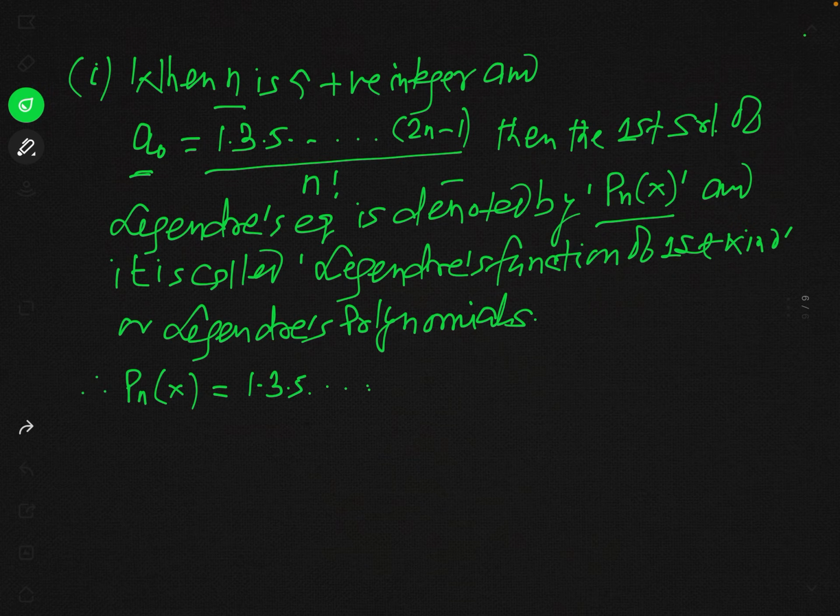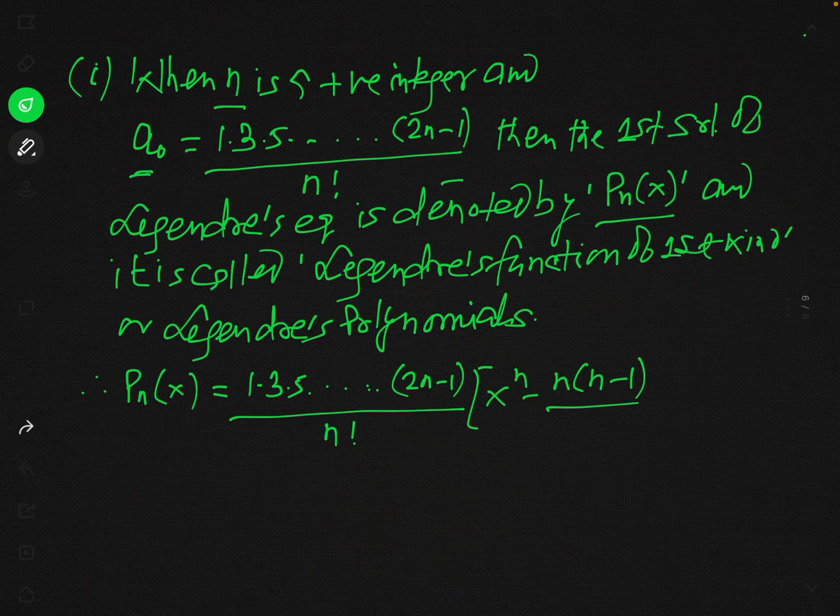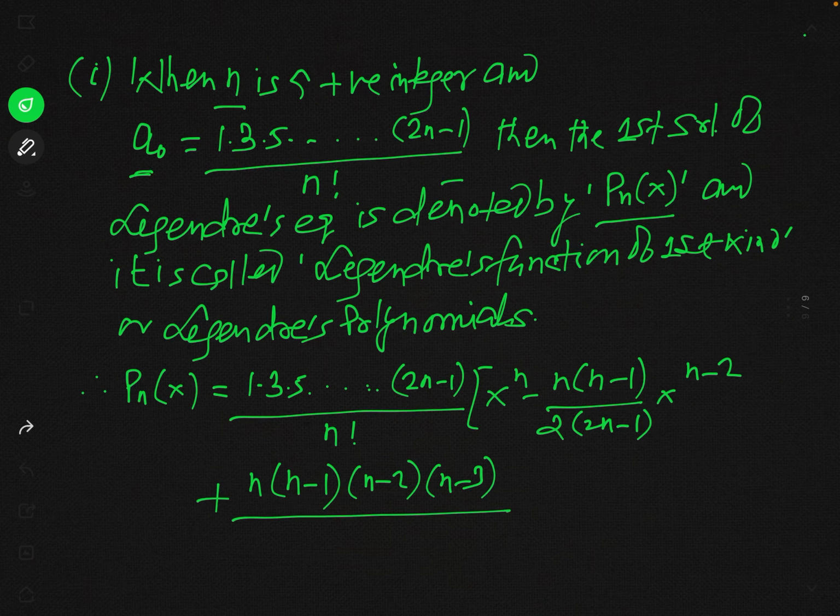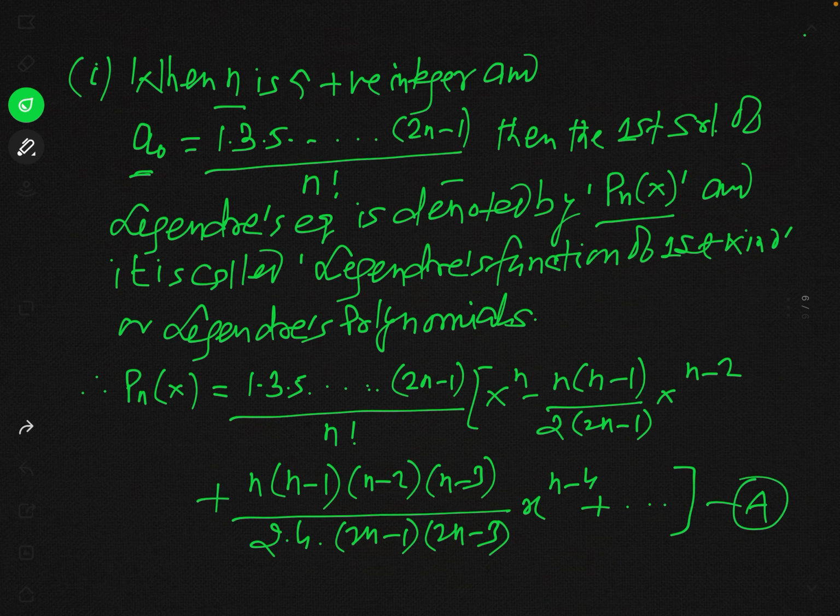And this Pn of x will be then what? This will be 1 into 3 into 5 into so on into 2n minus 1, over factorial n, into x to the power n minus n(n minus 1) divided by 2(2n minus 1) into x to the power n minus 2, plus n(n minus 1)(n minus 2)(n minus 3) divided by 2 into 4 into (2n minus 1)(2n minus 3) into x to the power n minus 4, and plus so on.